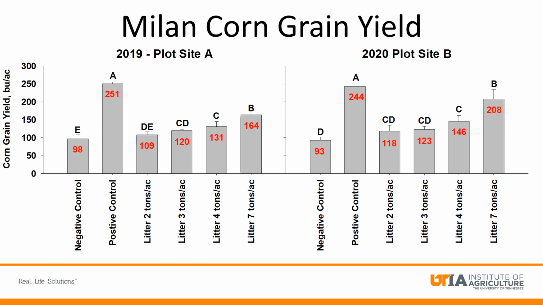This overhead begins our applied research data that we've been collecting over the last couple of years. We do have 2 test sites, but in the interest of time, I'm only going to be showing the results for Milan.